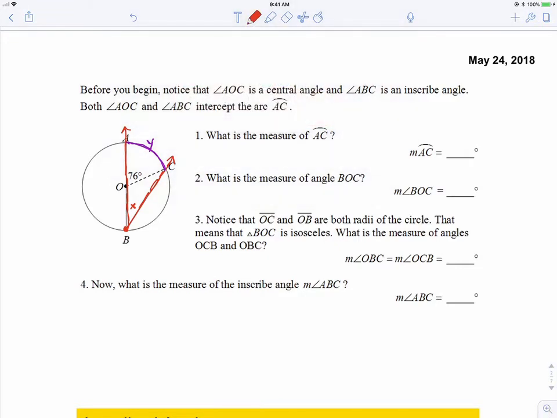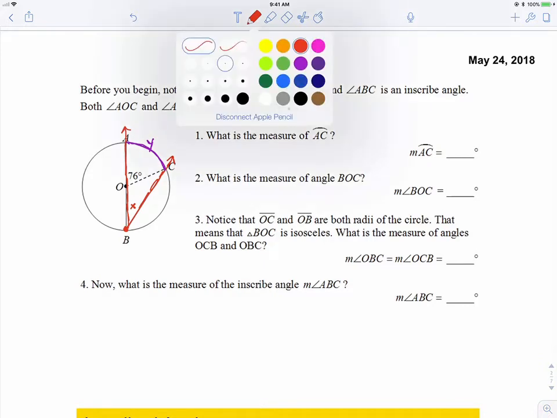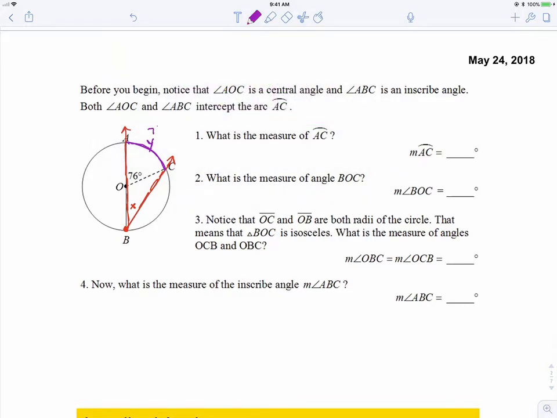So we're going to get those two measures in two different ways. I know the purple arc measure is going to be 76 degrees because if I look at this dotted line, I've got a central angle here with a measure of 76, and we know that the central angle and the arc are the same.